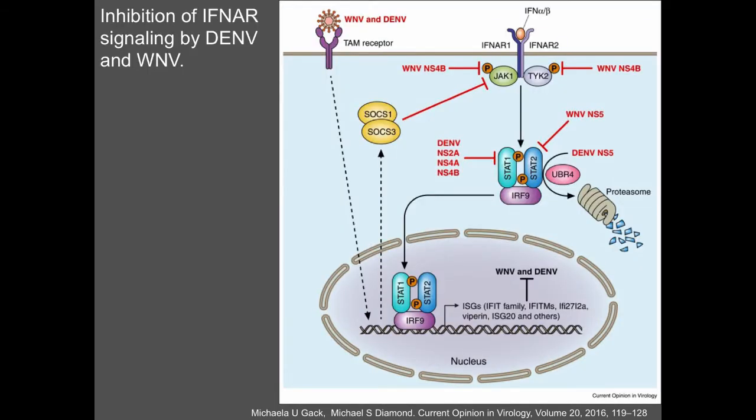And then I had mentioned that a big part of the response of triggering the innate immune sensor proteins, generally called PRRs, or pattern recognition receptors, is the production of interferons, which is a secreted cytokine that then feeds back on the infected cell and also signals to neighboring cells as well.